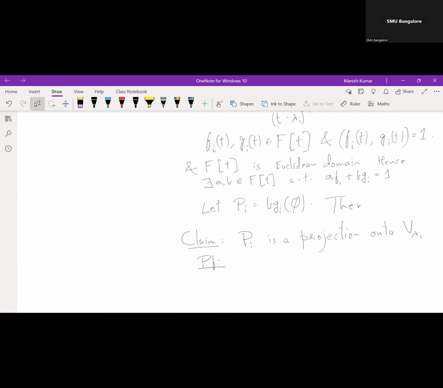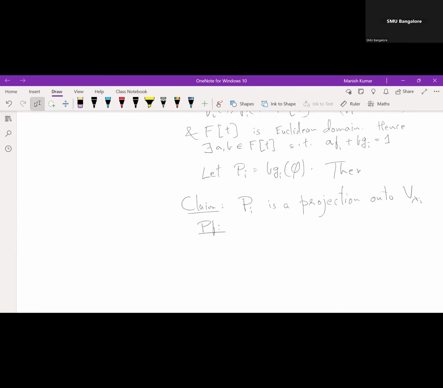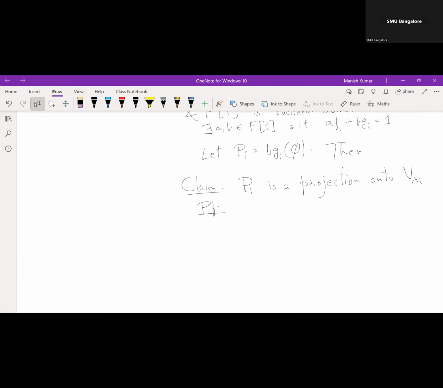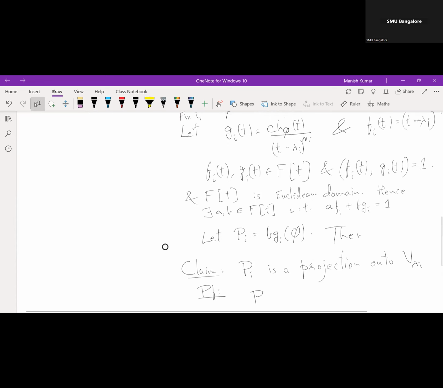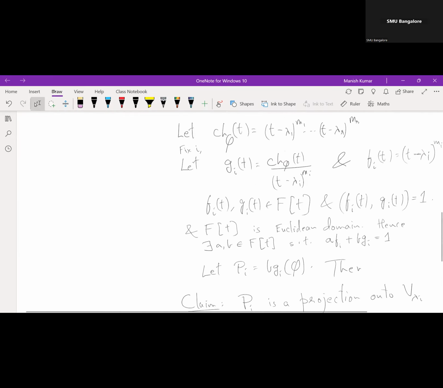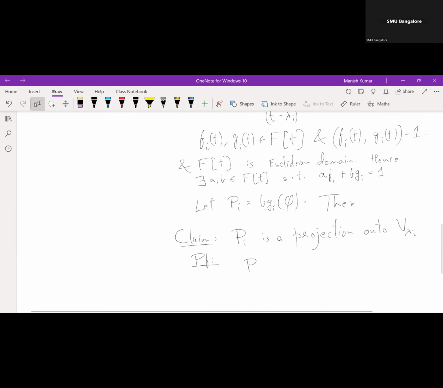Okay, so let's see. Pi is this thing. Basically, this fi will kill V lambda i, so b gi will be, yeah.